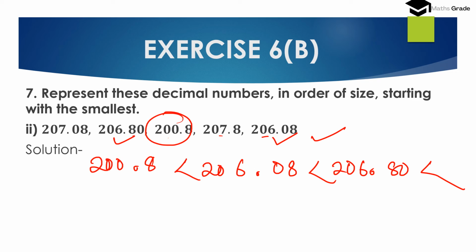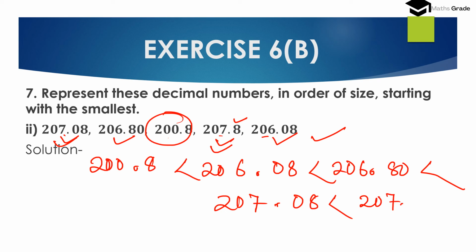Then compare 207.08 and 207.8. Here in the whole part, both have 207 point. In the 10th place, 207.08 has 0 in the 10th place, and 207.8 has 8 in the 10th place. We know 0 is less than 8, so 207.08 is the smaller decimal, and 207.8 is the largest decimal.